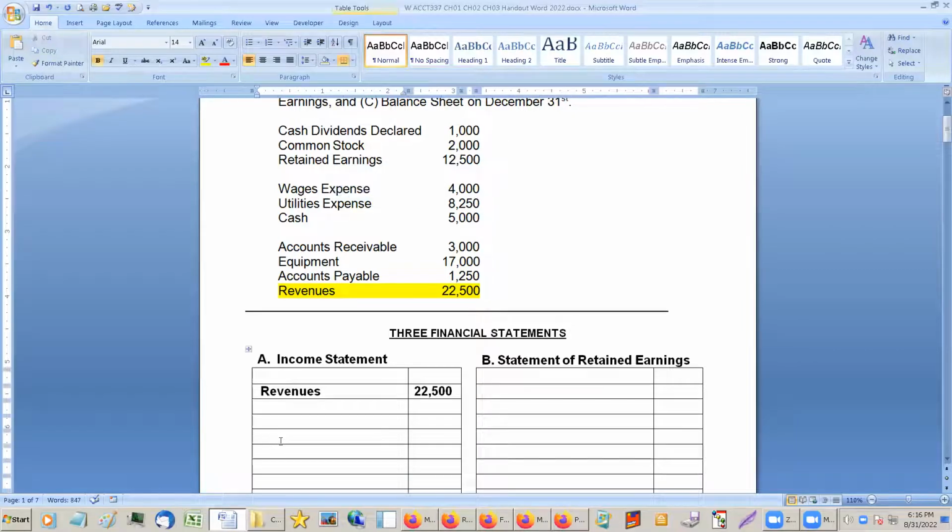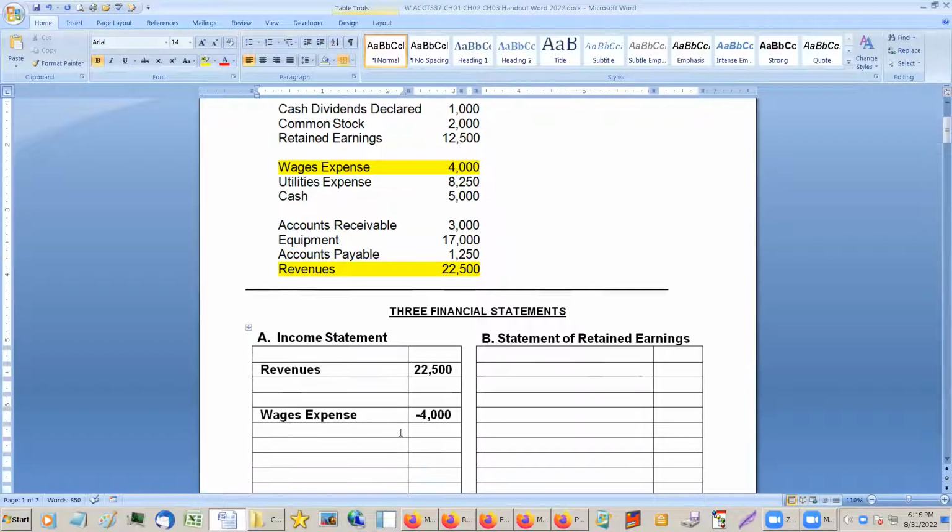We're going to have wages expense, and I'm going to put that in as a negative, and then also utilities expense.